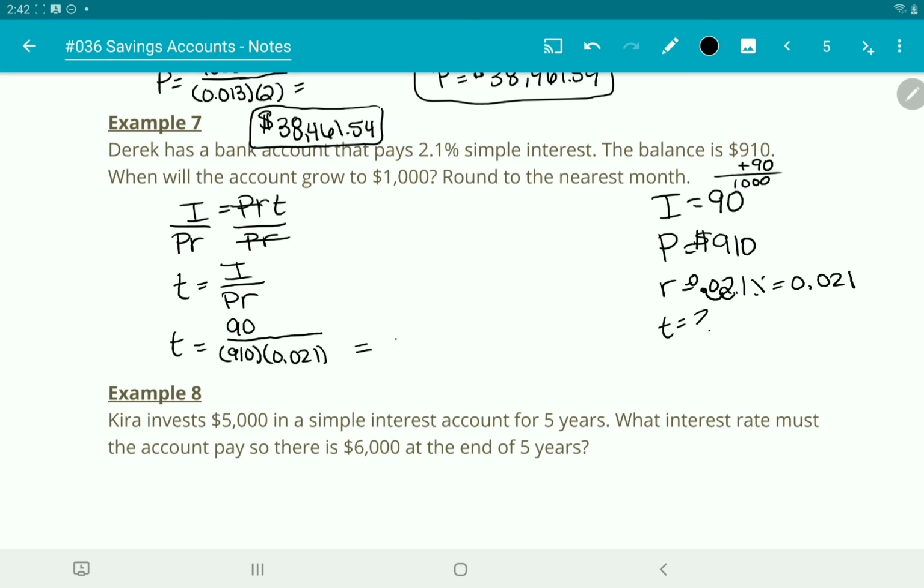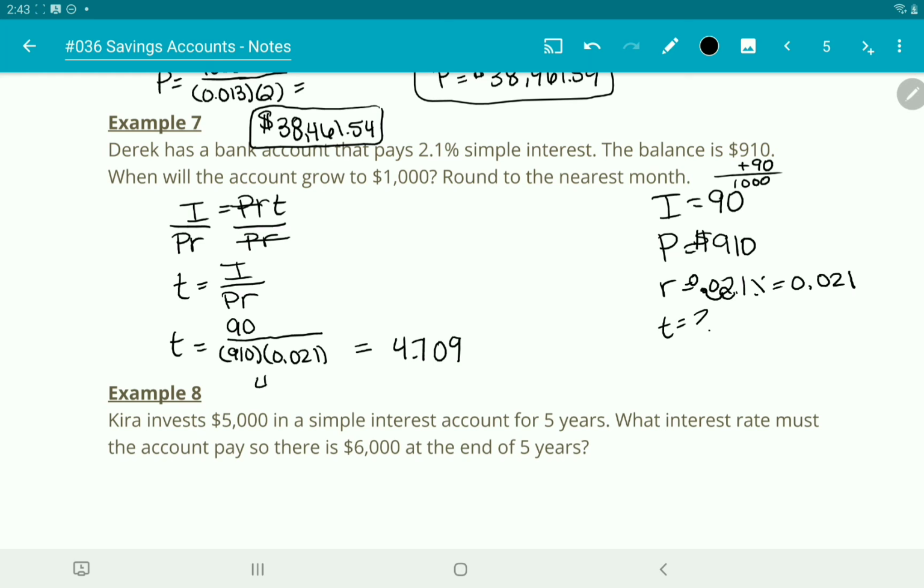You're going to get that T is about 4.709. Okay, and remember, that's going to be in years. So it's 4.7 years.